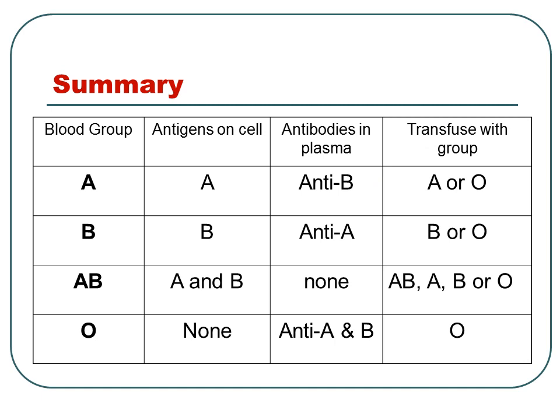The summary of what we are discussing: a blood group A individual has antigen A on their red blood cell and anti-B in their plasma. They will be able to donate blood to A or O blood group individuals. Likewise, a blood group B individual has B antigen on their red blood cell and anti-A antibody in their plasma.